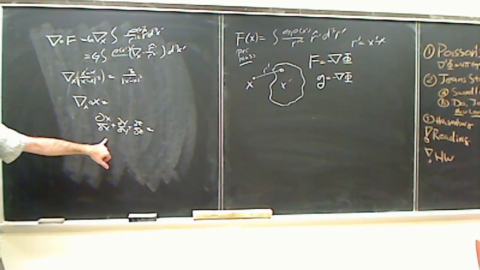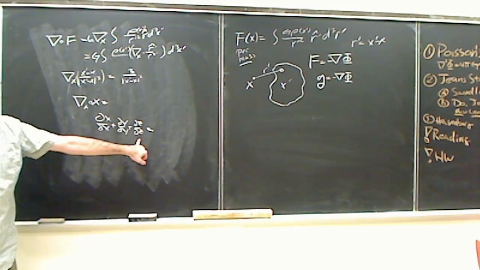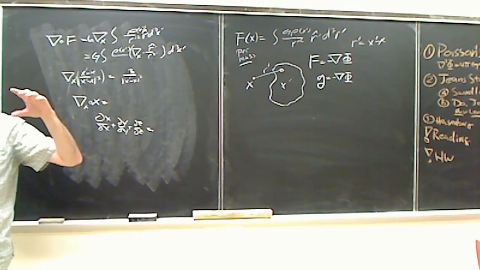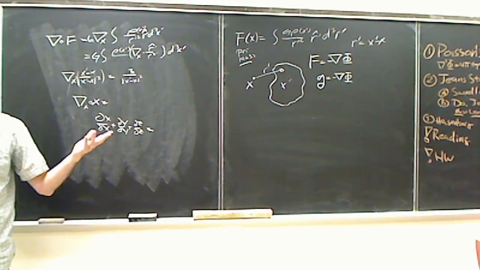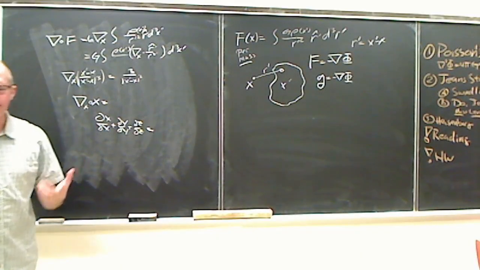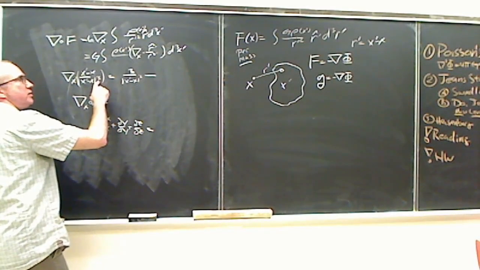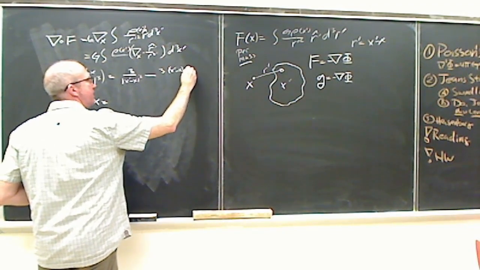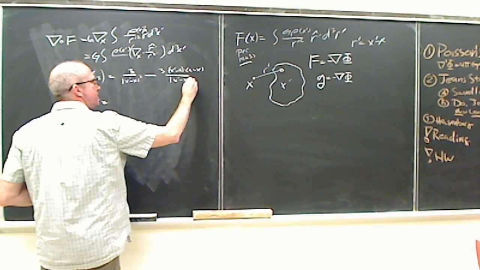What is dx by dx? So what is this expression? 3. So that's where this 3 comes from, because of the divergence. And when I was preparing this morning, I stared at that 3 for a good 4 minutes, and I was like, where did this 3 come from? Hadn't had any coffee yet. Minus the top times the derivative of the bottom, which is 3 times x prime minus x dot x prime minus x over x prime minus x to the 5th.